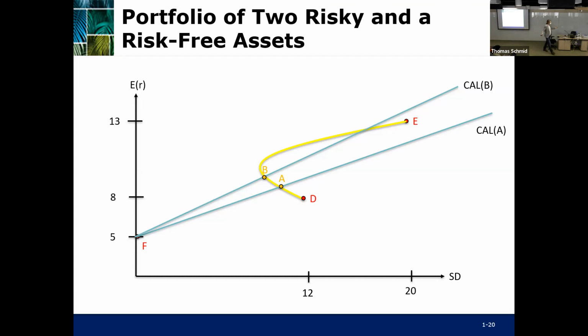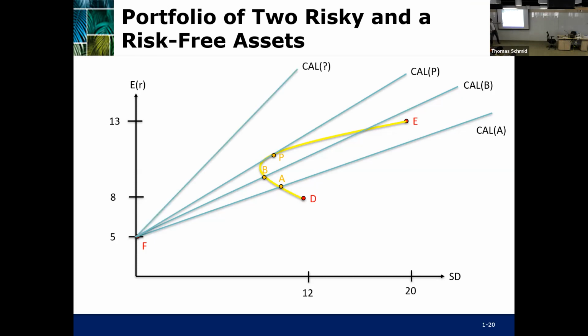The tangent line, right? So we have to find the tangent point, the tangent line, that's the capital allocation line that will be ideal for everyone. That's the capital allocation line with the highest slope. The best reward to risk ratio that is possible in this world.